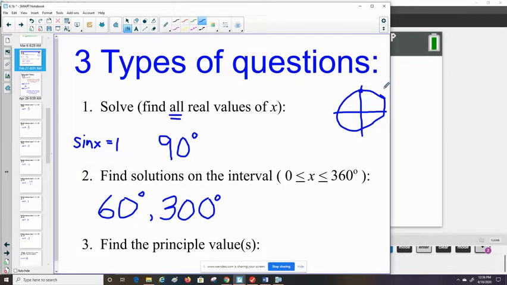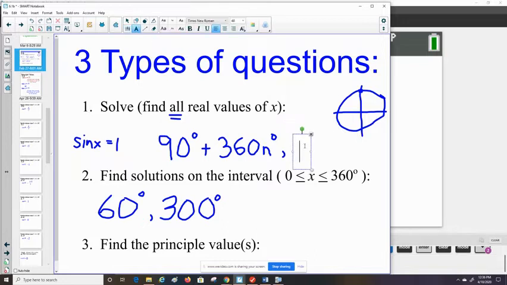And then as my way of saying that I can just keep adding 360 degrees or subtracting 360 degrees, I'm going to say plus 360 n times, where n is an integer.